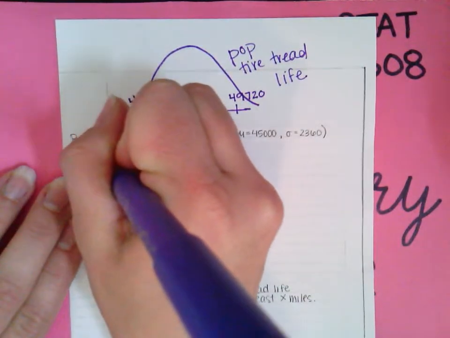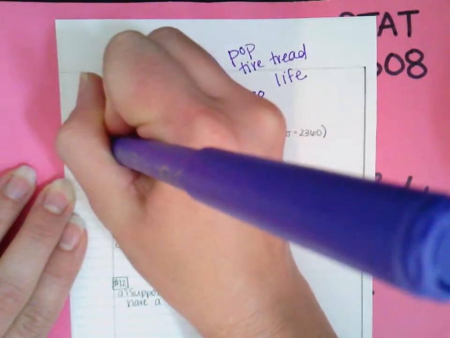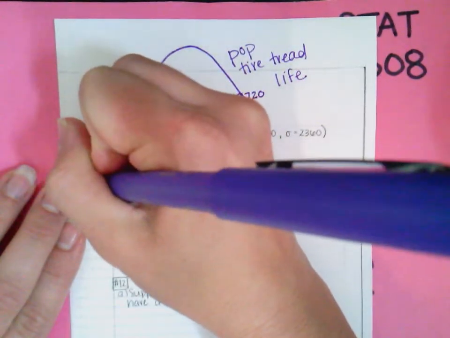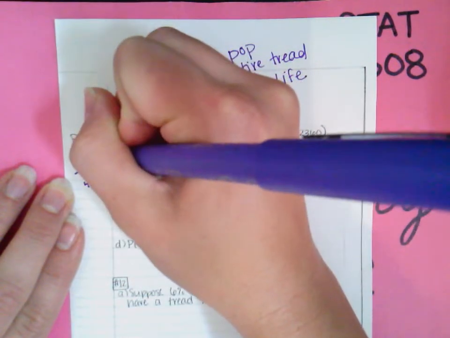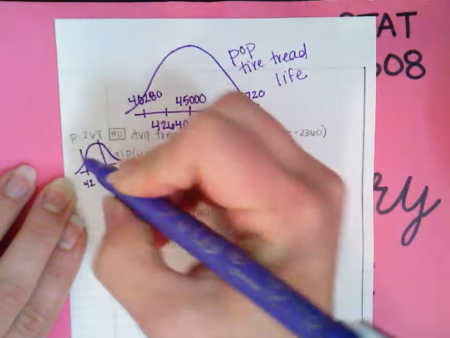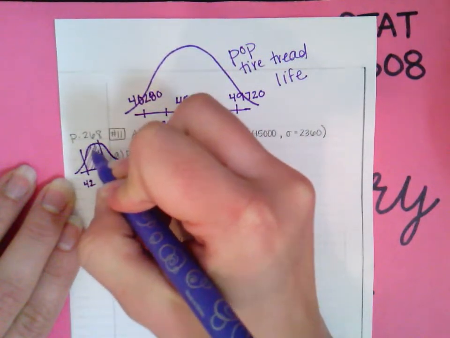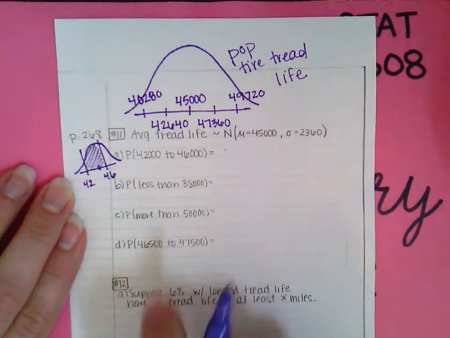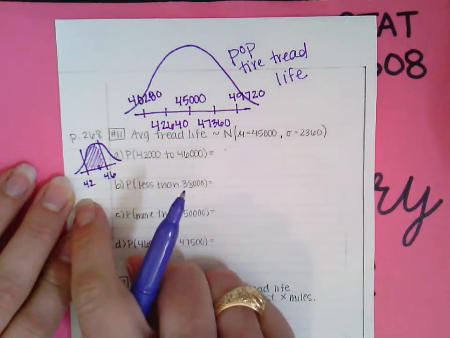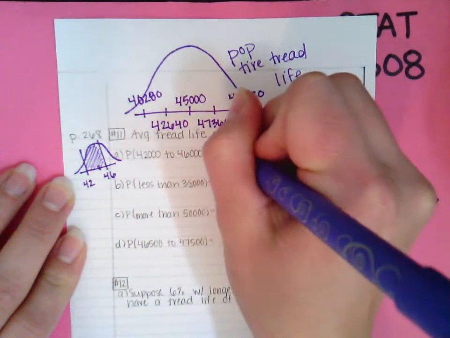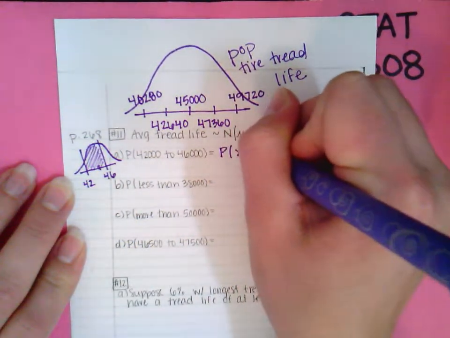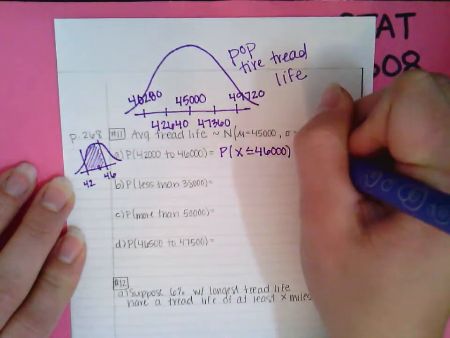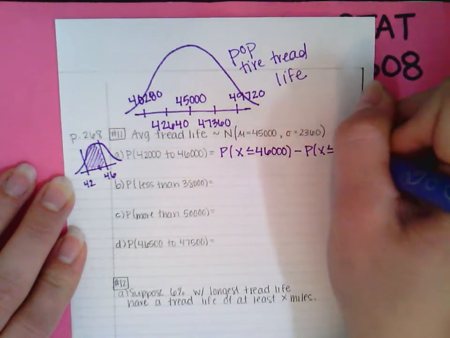So if I just draw a little mini picture, where this is the mean at 45, 42,000 is going to be down here, and 46 is going to be up here. And so when I have a probability like this, when it's a normal model, I need to find the probability that x is less than or equal to 46,000, and then subtract out the probability that x is less than or equal to 42,000.